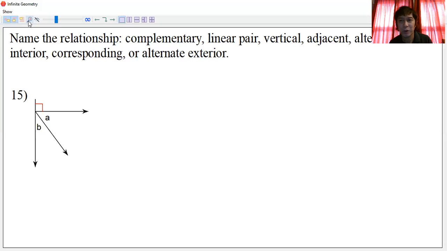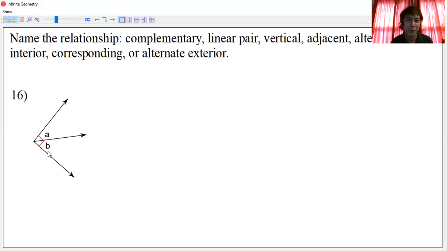All right. This, what we call adjacent, but the total is 90, and there's a special name for this. We call this complementary. Complementary angle pair. There. Next. Complementary again. You can see the red symbol, that means right angle, and all right angles measure 90 degrees.